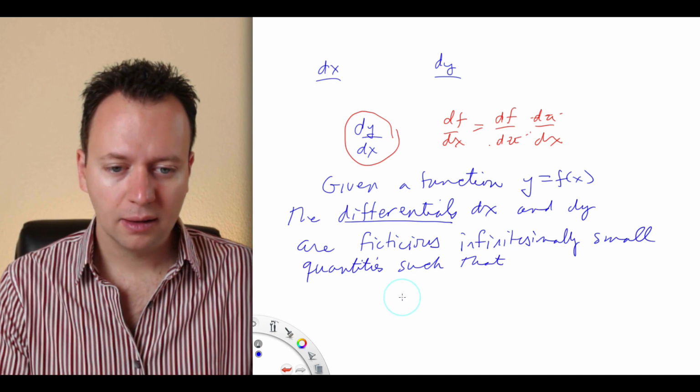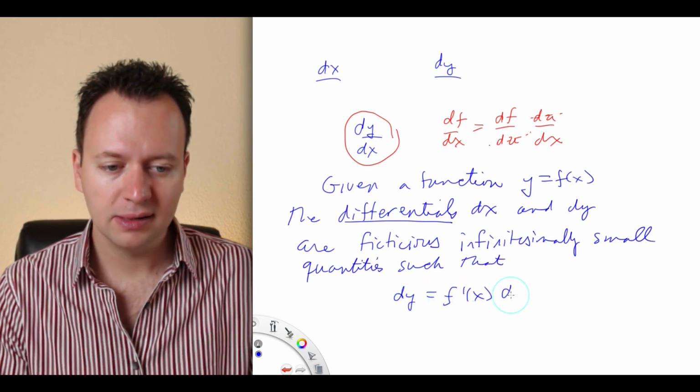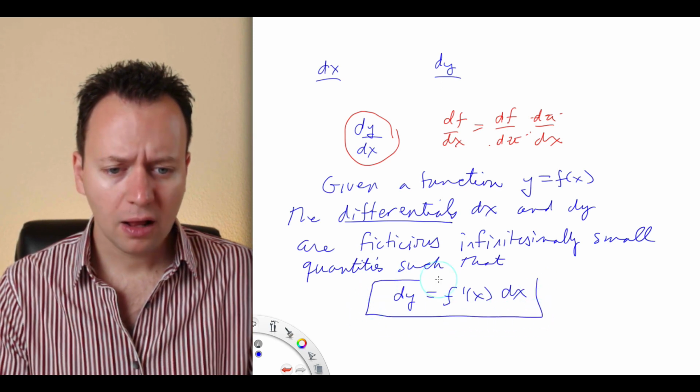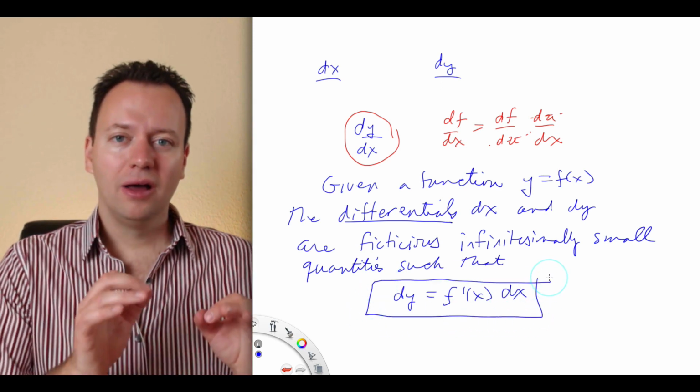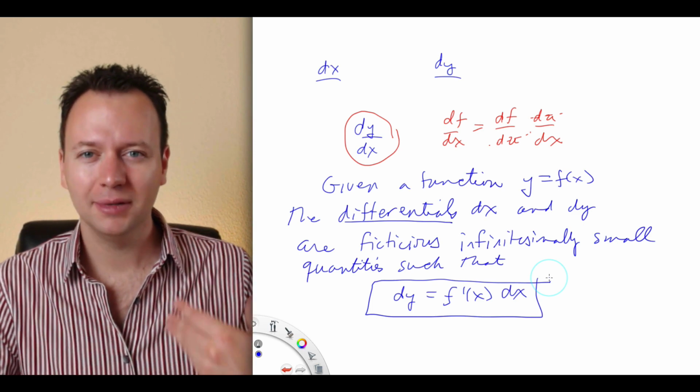They're related by the fact that dy is equal to f prime of x dx. They're fictitious because you can't really have a quantity that's infinitesimally small.